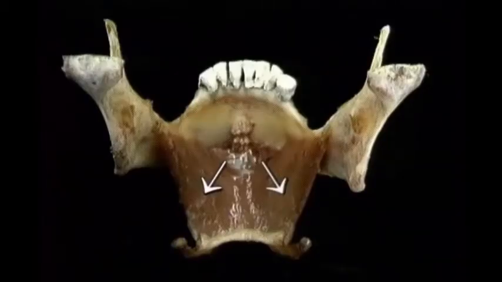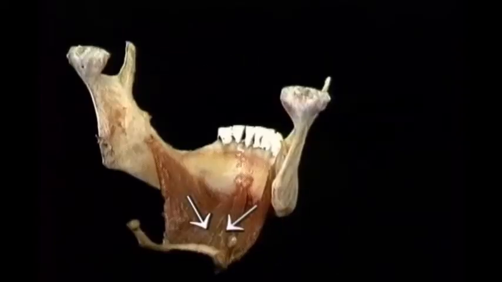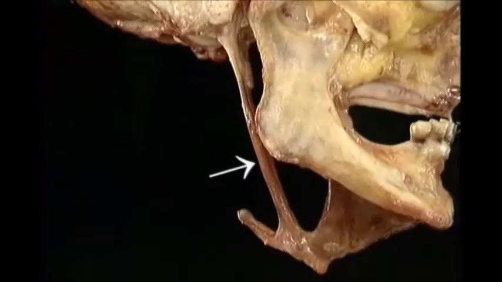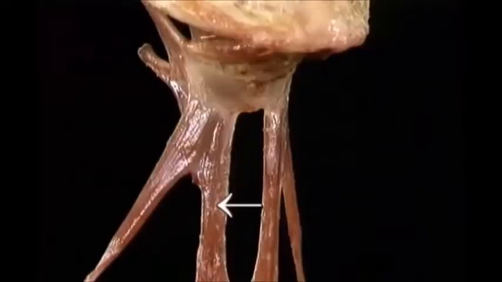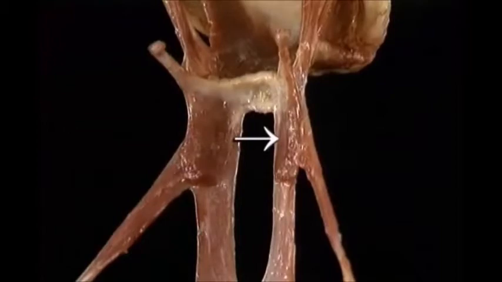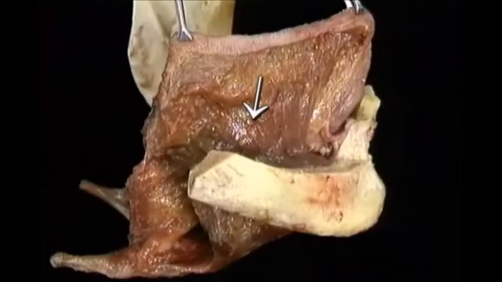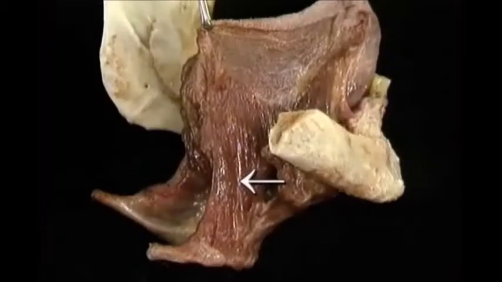Here are the mylohyoid muscles, the geniohyoid, the stylohyoid, the digastric, the omohyoid, sternohyoid, and the thyrohyoid. Here's the genioglossus muscle, and here's the hyoglossus.